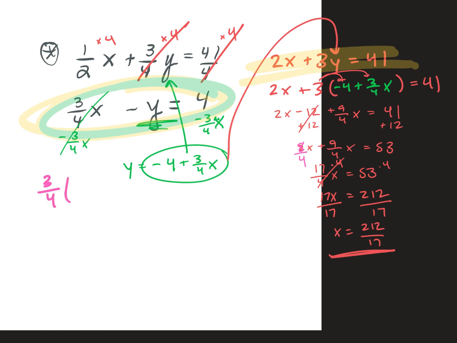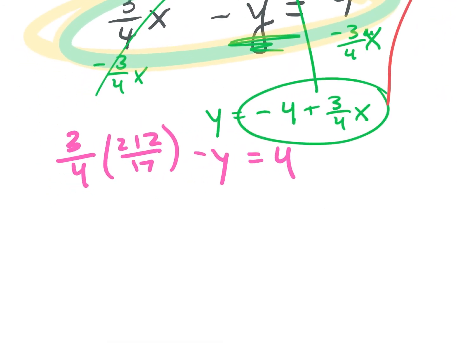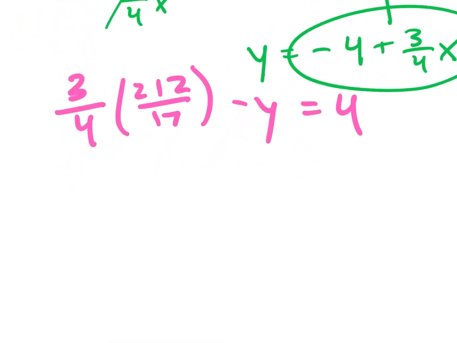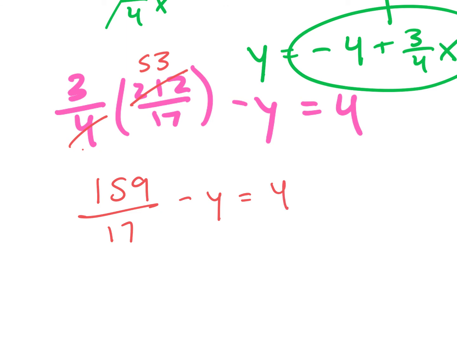So 3/4 times 212 over 17, minus y, is equal to 4. If I didn't have a calculator, I would first divide by 4. So 212 divided by 4 is 53. And what's 53 times 3? 159 divided by 17 minus y is equal to 4.